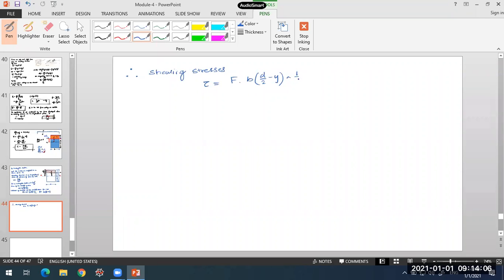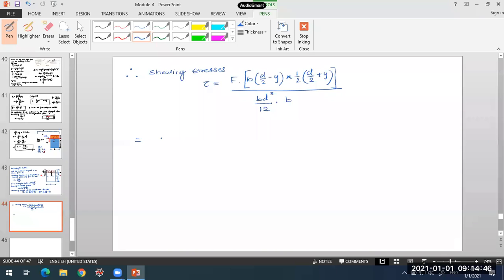What is y bar? 1 by 2 into d by 2 plus y. The whole thing is divided by I, which is b d cube by 12, into b, where b is the width of the section. So this is A into y bar, F A y bar divided by I into b, which is what I have used here.